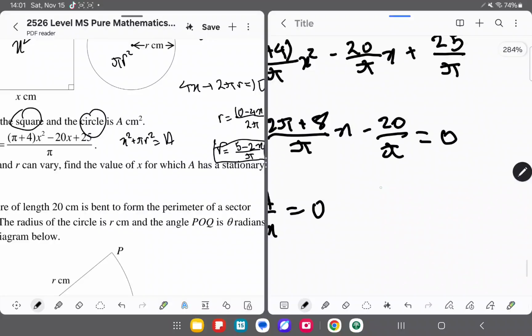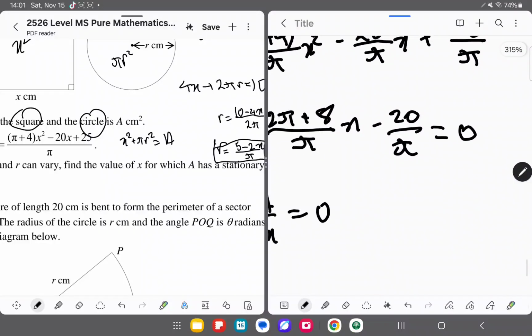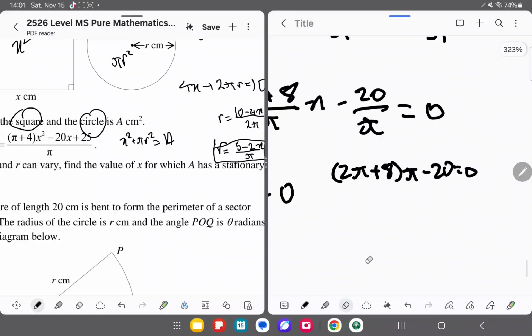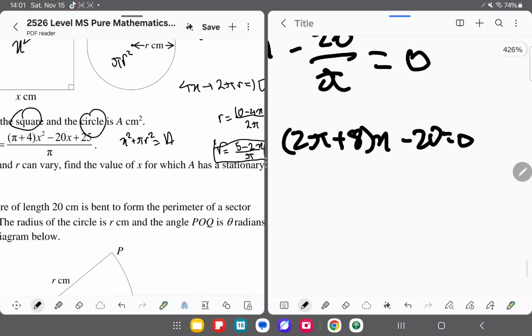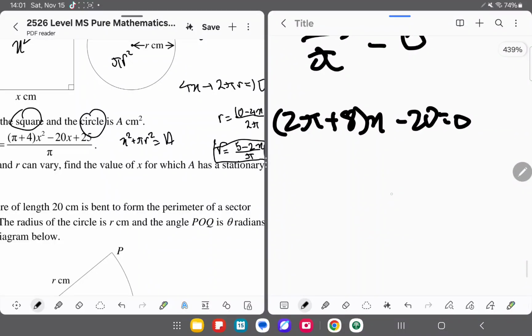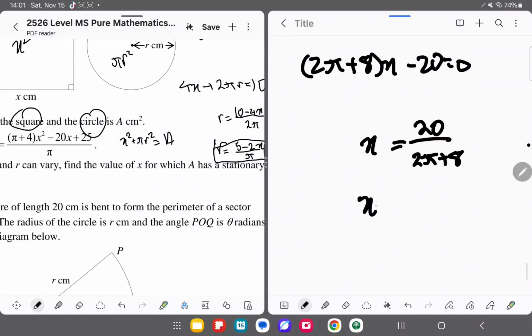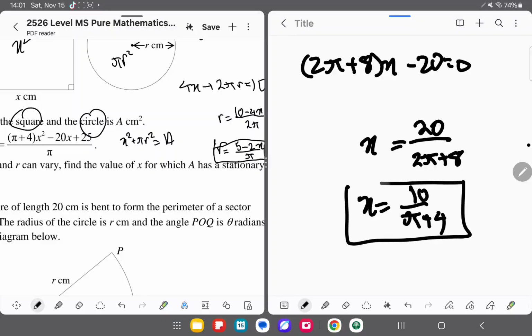Then we just cancel the pi's out. 2(pi plus 4)x minus 20 equals 0. I forgot the x here, of course. And then I just get x equals 20 over 2(pi plus 4), or in simplest form, 10 over (pi plus 4) is the stationary value of x.